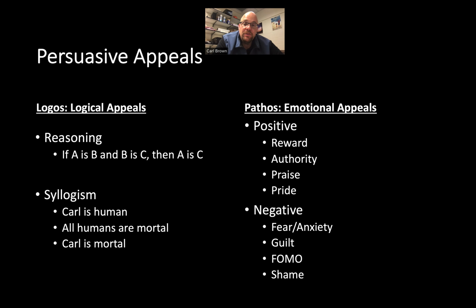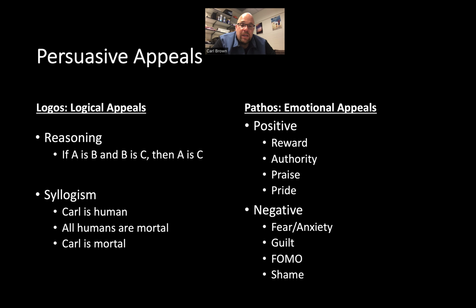Now, for pathos, what we should tell our clients is to use both positive and negative appeals. If you only use one, the audience usually becomes suspicious of you. If it's only negative, they may feel like you're trying to guilt trip them. Usually, if someone only uses negative appeals like guilt to get someone to do something, it backfires and they're less likely to do it.